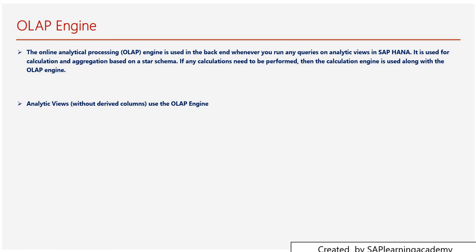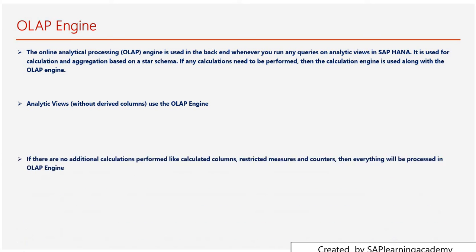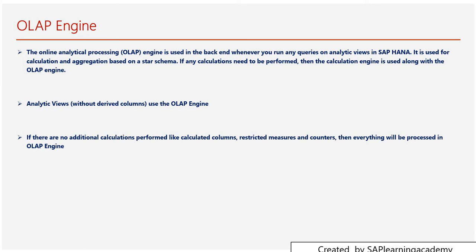Analytic views without any derived columns use the OLAP engine. But if you are using any derived column or calculation, then it uses the calculation engine of SAP HANA. In other terms, if there are no additional calculations performed like calculated columns, restricted measures or counters, then everything will be processed in the OLAP engine.